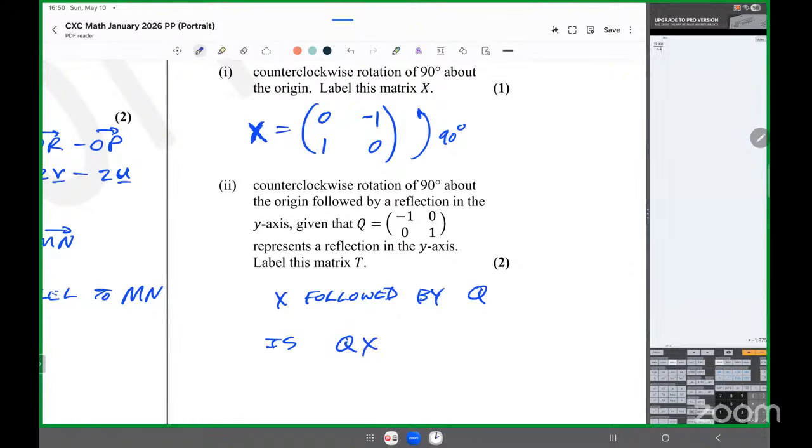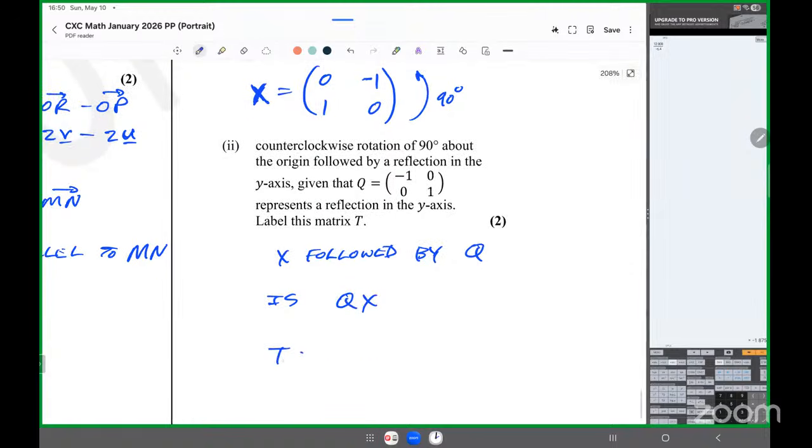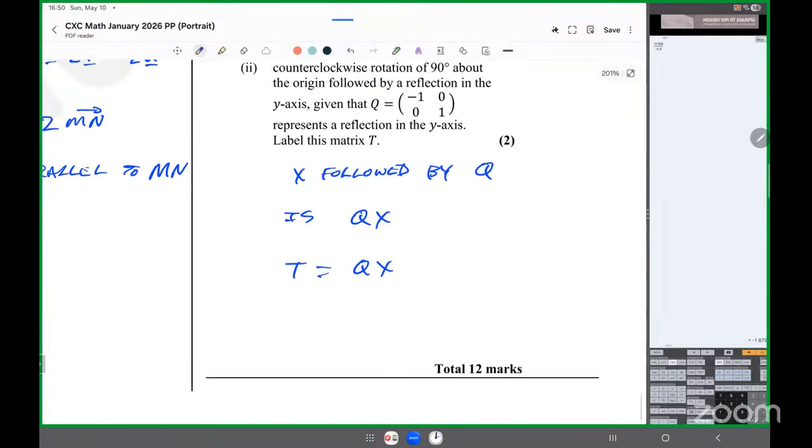It's QX. It means that T is equal to Q times X. X followed by Q is Q times X. It's a compound transformation, so T equals Q times X.